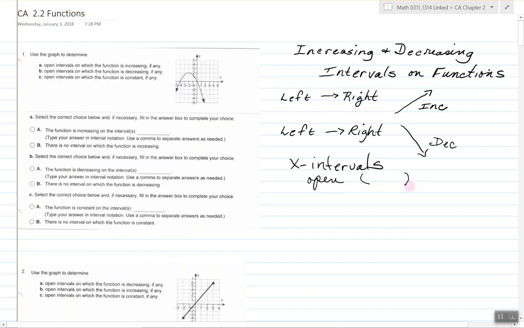So here we go. Use the graph to determine open intervals on which the function is increasing, if there are any.